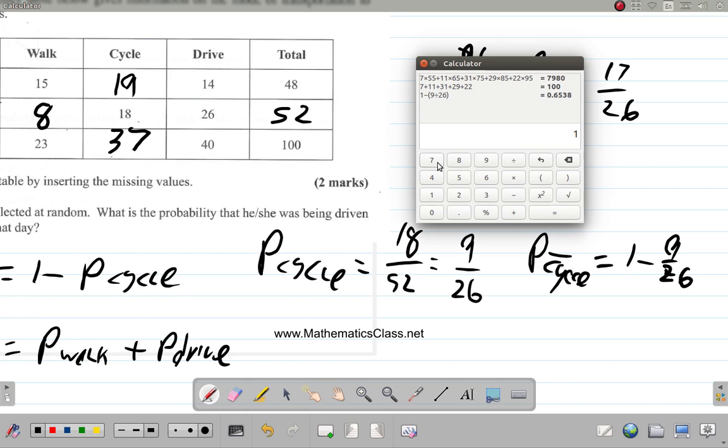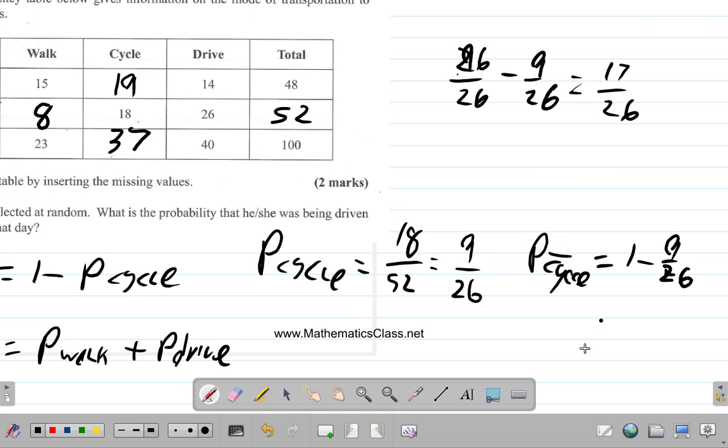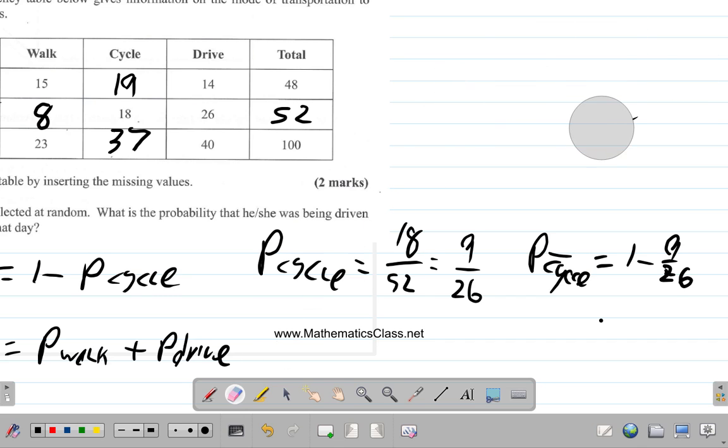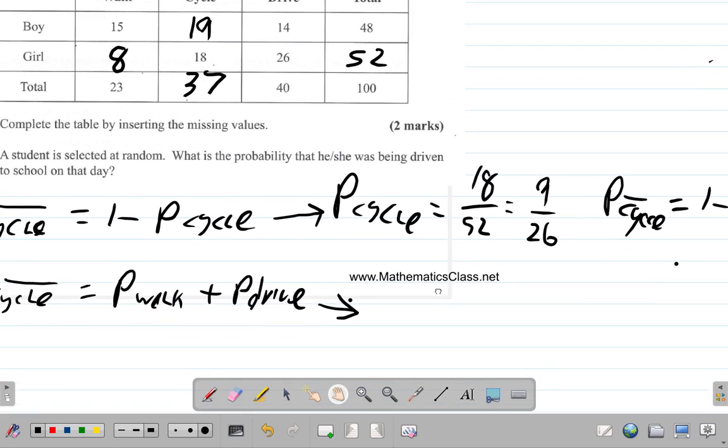So 17 over 26 equals 0.6538 something. But anyway, we use the first formula and calculate it. So we try this now and see what would happen.